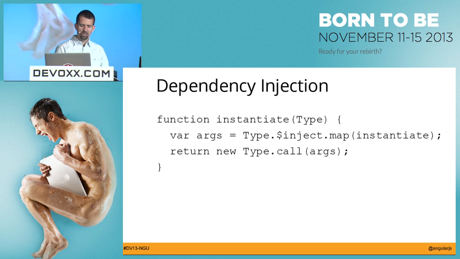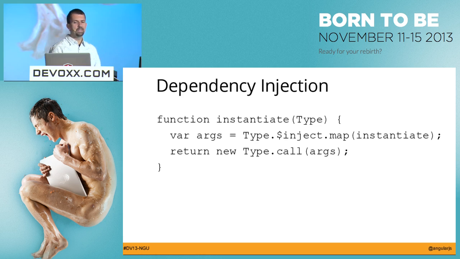So how does this instantiate method work? It's amazingly simple. This is pseudocode, not the actual method, but I think it draws a very important point: you say instantiate a particular type. You go on to the type's inject property. It's going to be an array, so you can apply a map.